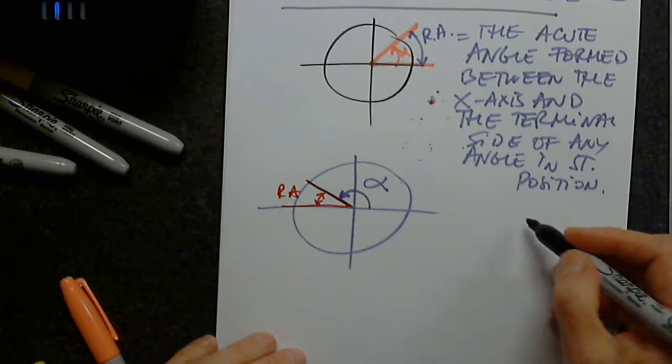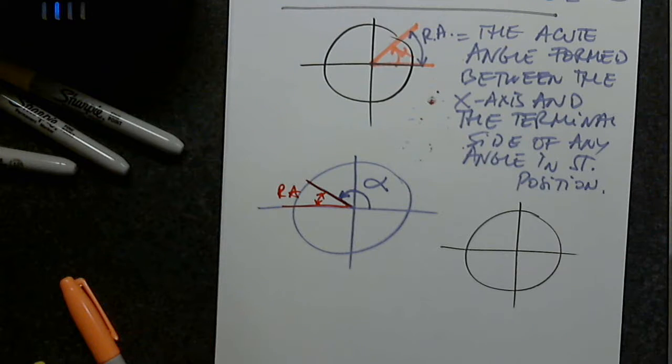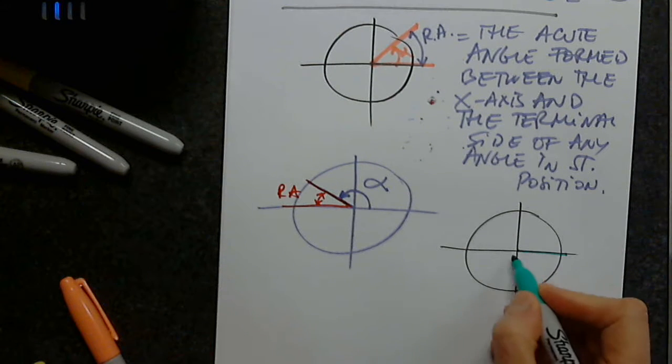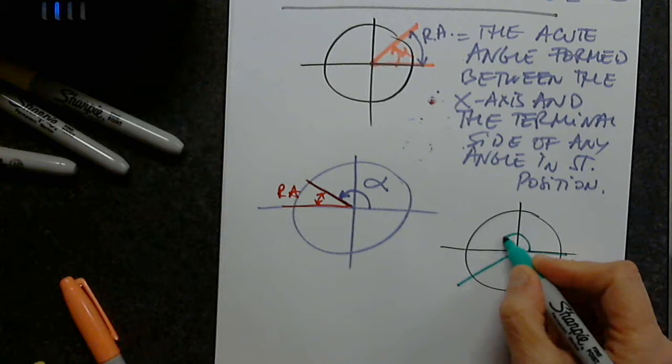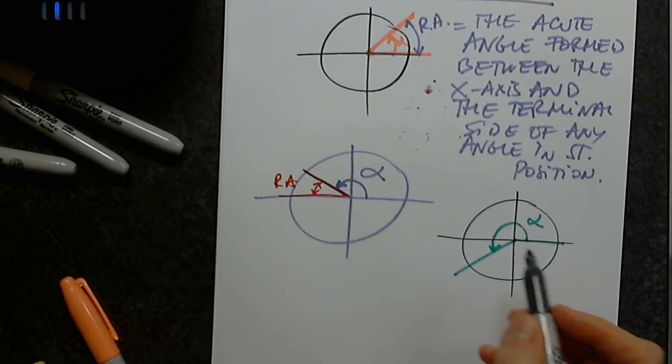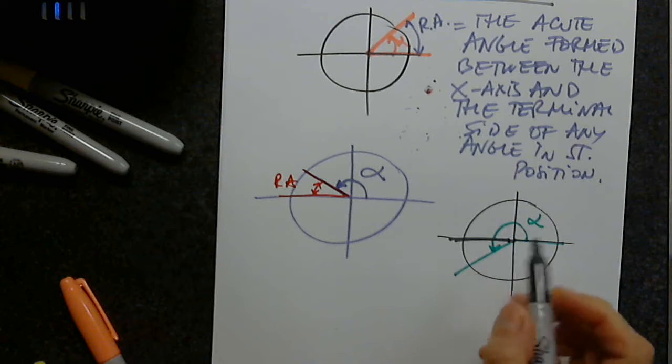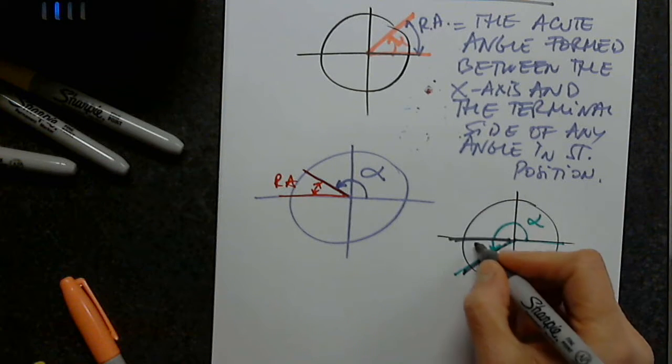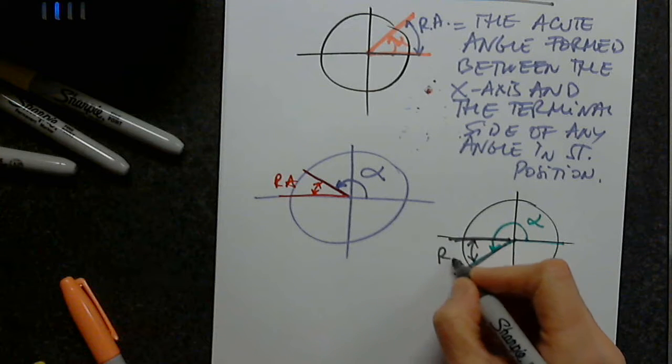For an angle with a terminal side in the third quadrant, this is now angle alpha. Where is its reference angle? Between the x-axis and its terminal side, the acute angle. This is the reference angle.